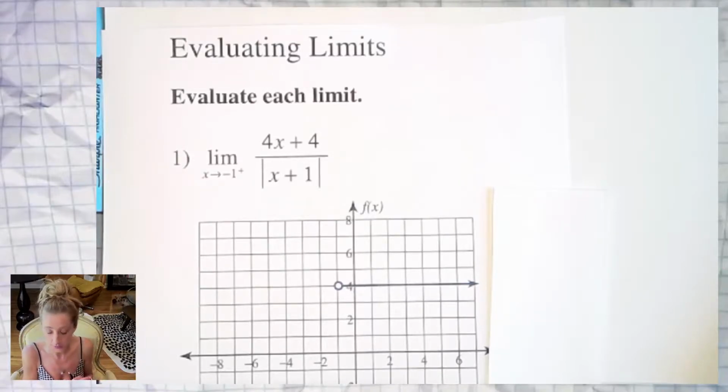We spent a little bit of time recently going over limits of functions that had removable discontinuities, which were holes in our graphs, and they presented themselves for those examples in the form of rational functions where we had a common factor in the numerator and denominator.